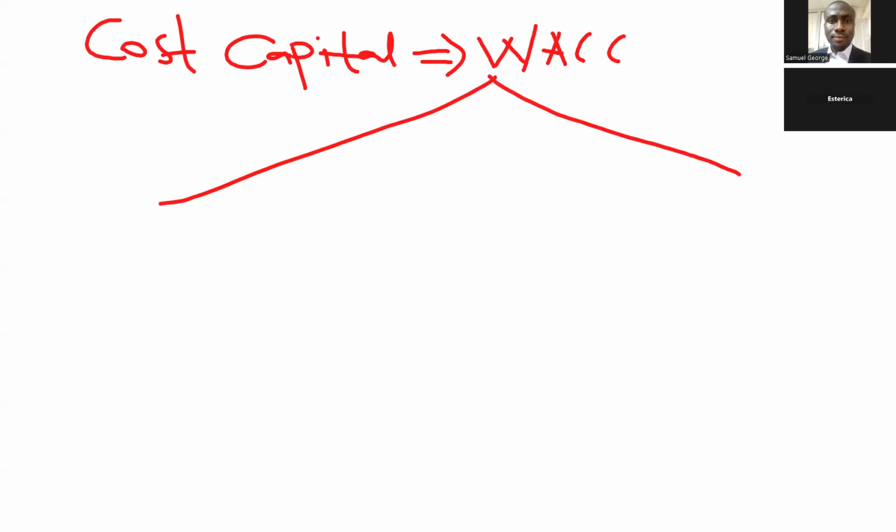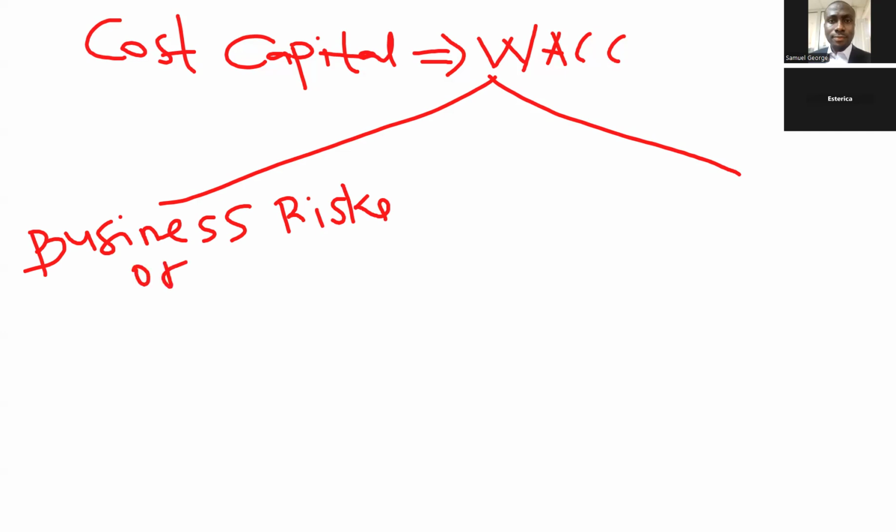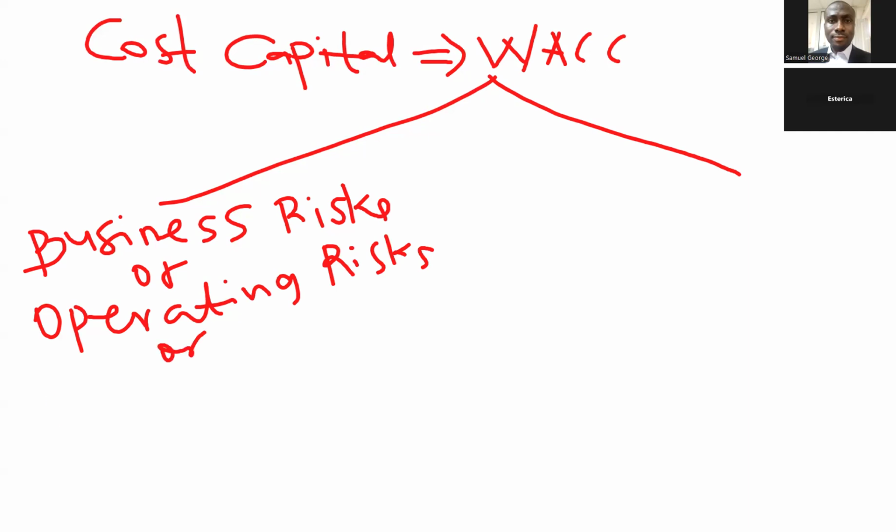The first risk is business risk, which we can also call operating risk, or inherent risk.